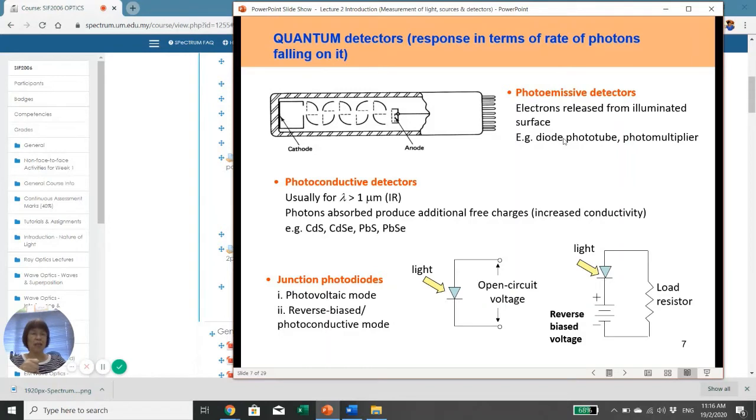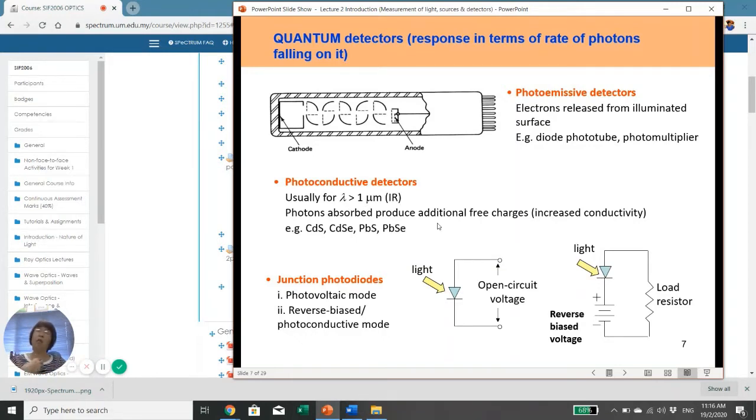These are, for example, diode phototubes and photomultipliers. In a photomultiplier there will be some dynodes which multiply the number of electrons so that at the other end it would be at a value that is detectable.